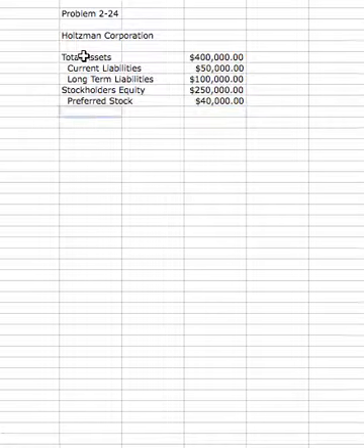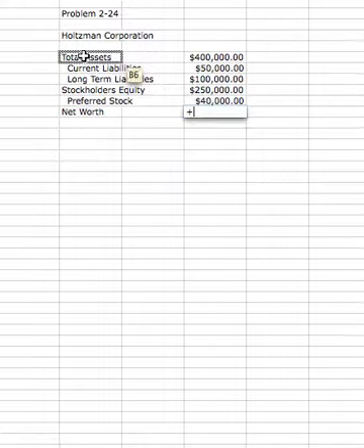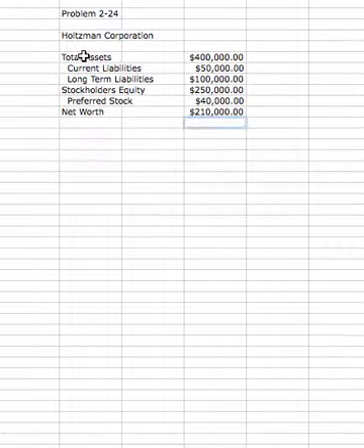So let's go ahead and title this net worth, and that leaves us with $210,000 that we can allocate to common shareholders.